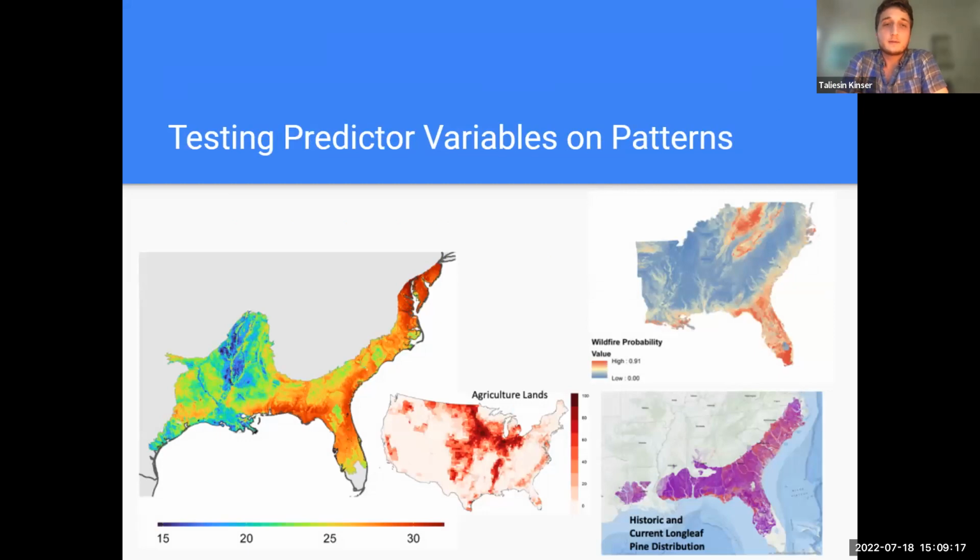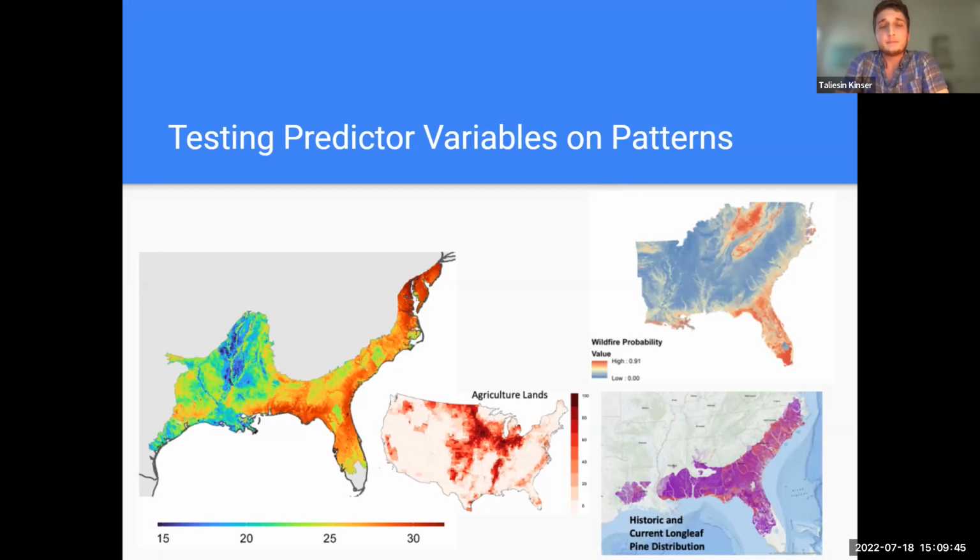And yeah, okay. So, and then I just real quick want to end on one final point that's unrelated to this concept of scale, but just to show you some of the other things that you can introduce into these analyses, including testing various predictor variables on the patterns that you are getting out.